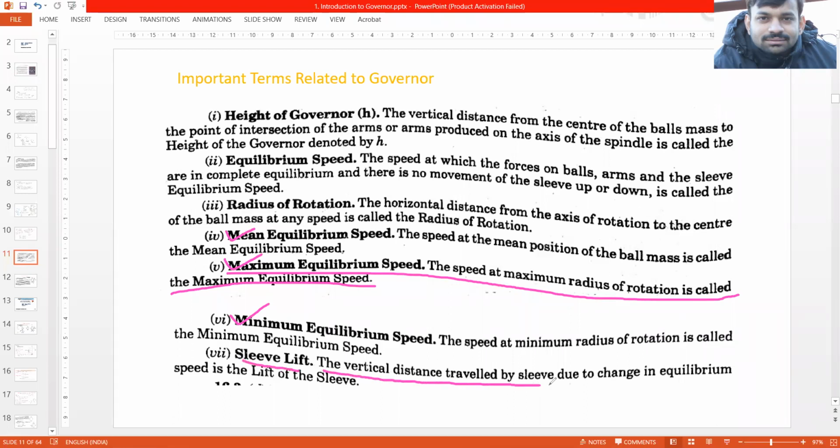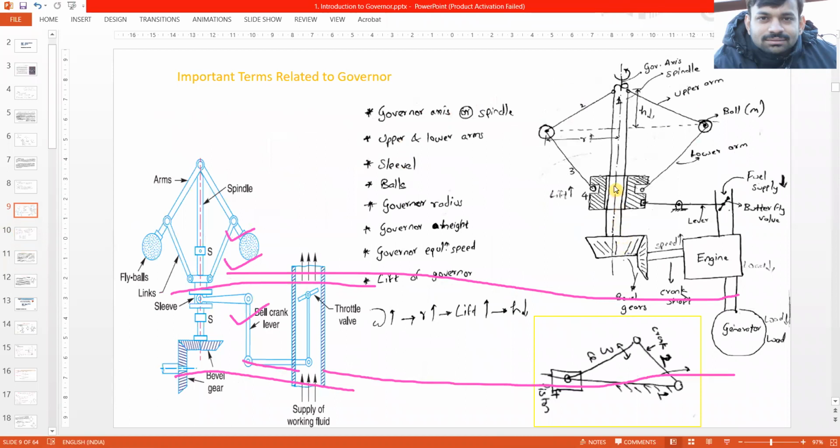Sleeve lift. The vertical distance traveled by the sleeve due to change in equilibrium speed is the lift of the sleeve. Okay, so it is the vertical distance traveled by the sleeve. This sleeve moves up and down. The sleeve moves either up or down depending upon the speed of the engine.